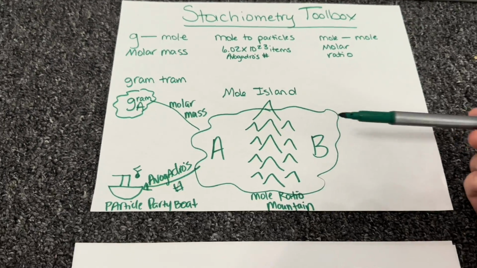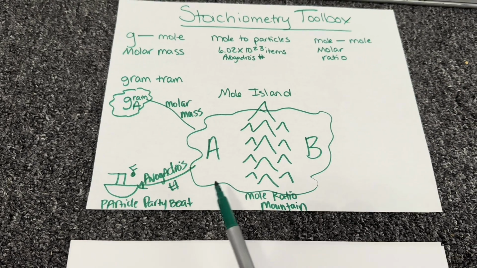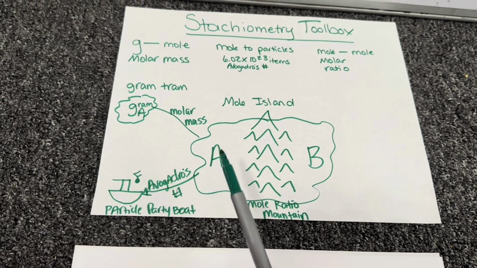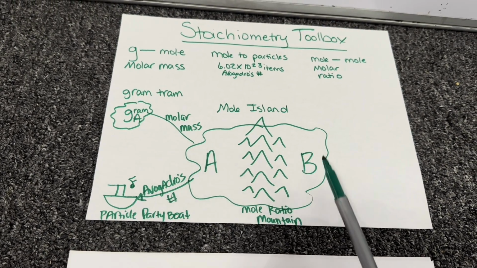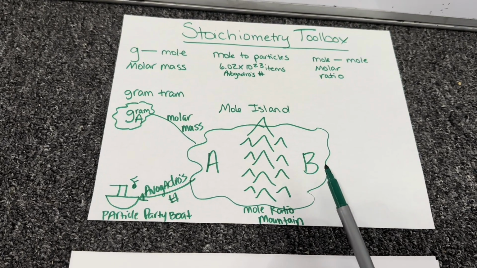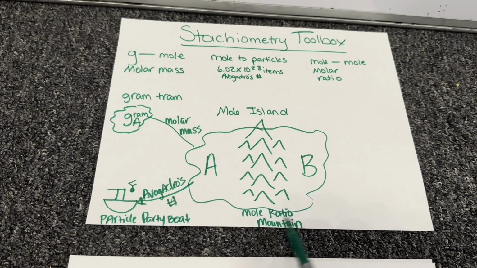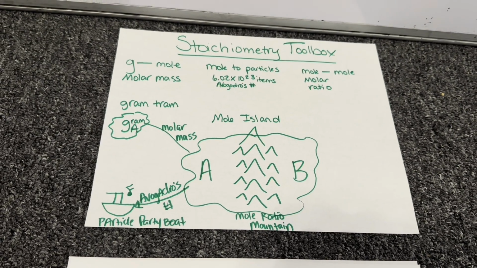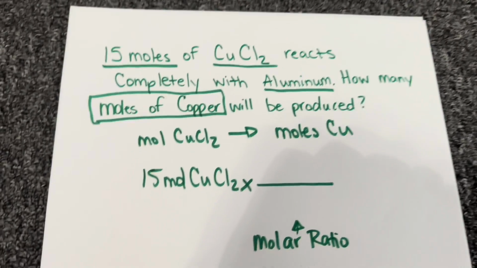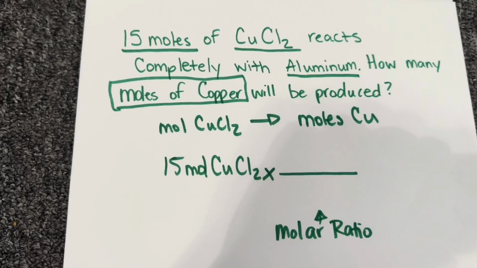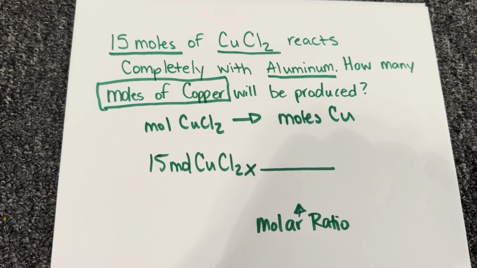If we're using our mole island picture down here, I am right here in mole A. I've got copper chloride on this side, and I want to travel to the world of copper. I've got to go through the mountain range, mole ratio mountain, so I've got to apply my molar ratio. Looking at the math, I want moles of copper chloride to cancel out.